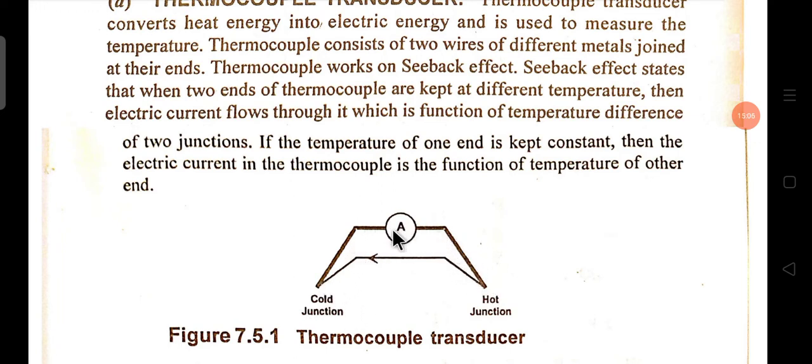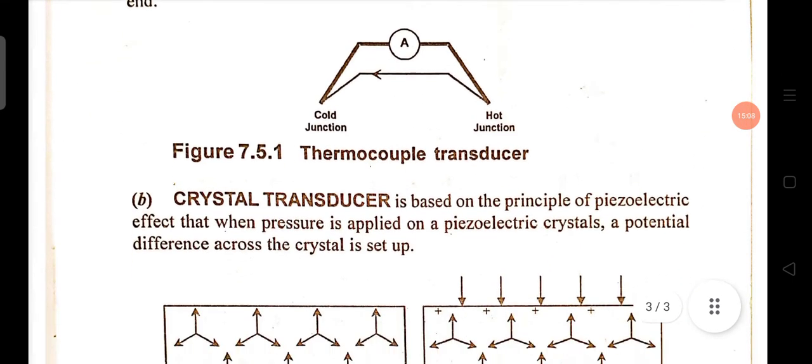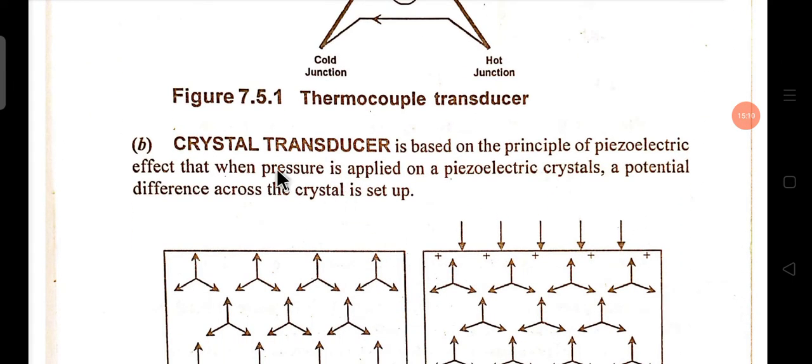Now the next type of transducer is the crystal transducer. It is based on the principle of the piezoelectric effect. What is the piezoelectric effect? When pressure is applied on a piezoelectric crystal, one type of crystal which is called piezoelectric, a potential difference across the crystal is set up.